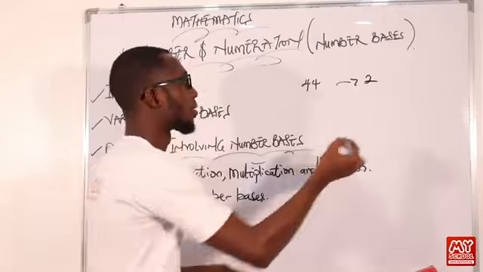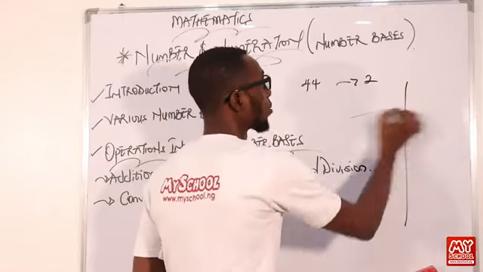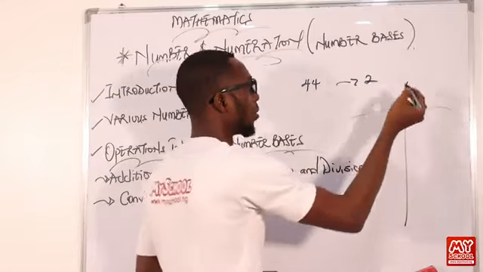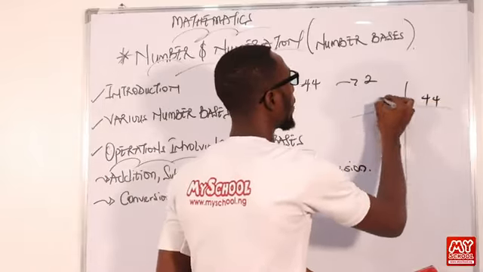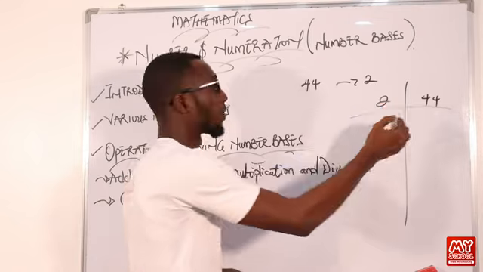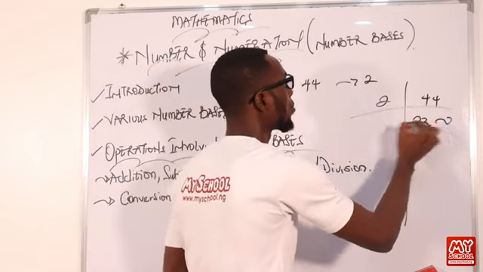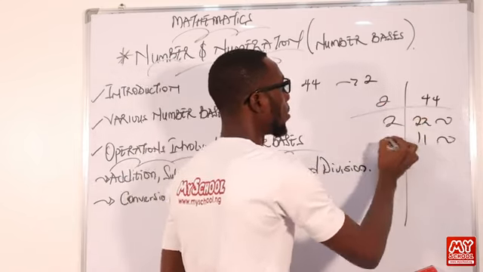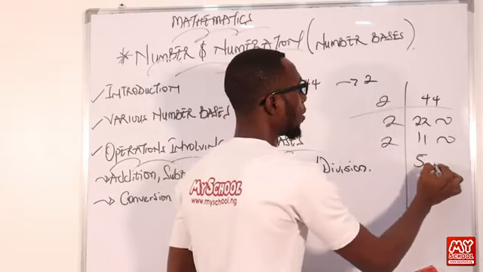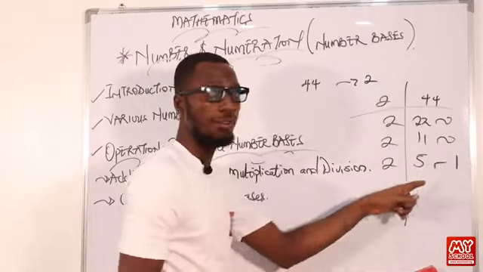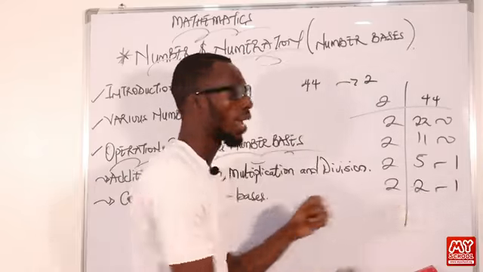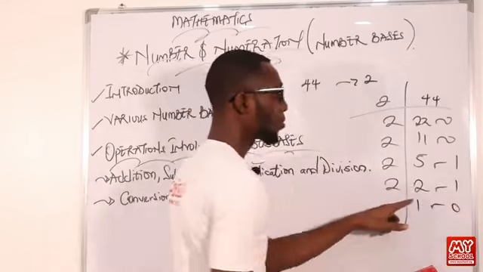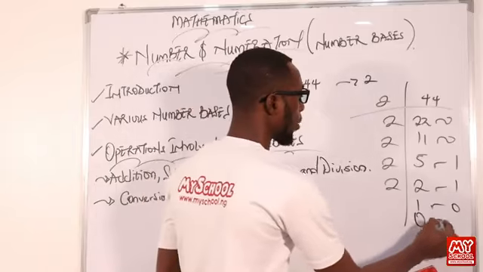I can use the division method, the successive division, if you like. So I have 44 here, I have 2. 2 in 44, that is 22, remainder 0. 2 in 22, 11, remainder 0. 2 in 11, I have 5, remainder 1. 2 in 5, I have 2, remainder 1. 2 in 2, I have 1, remainder 0. 2 in 1, 0, remainder 1.